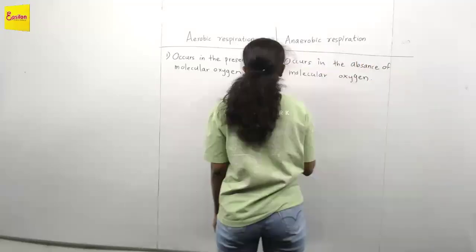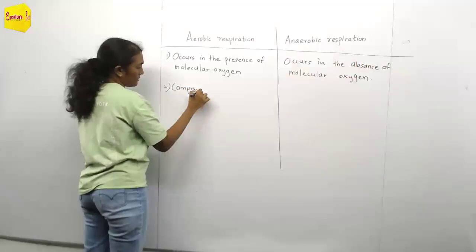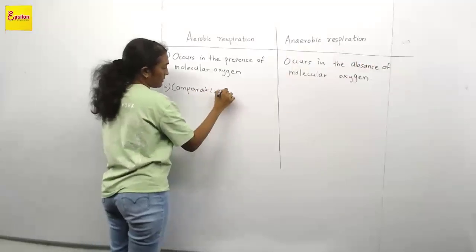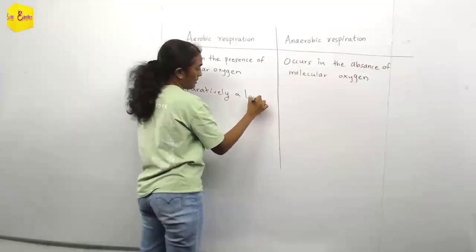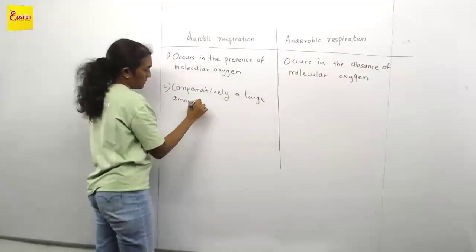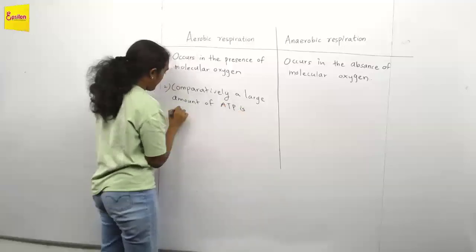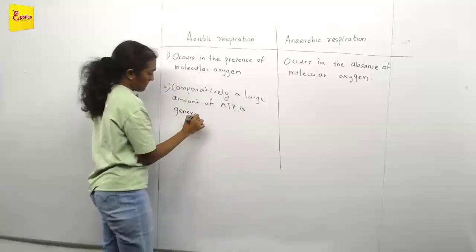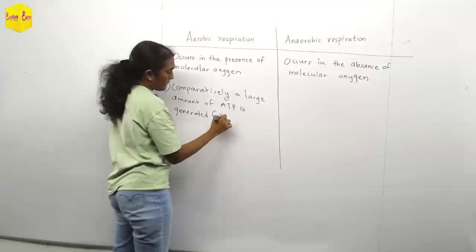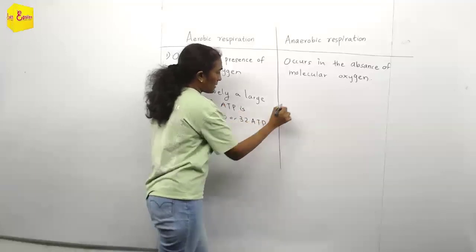Comparatively a large amount of ATP is generated. Thirty to 32 ATP.